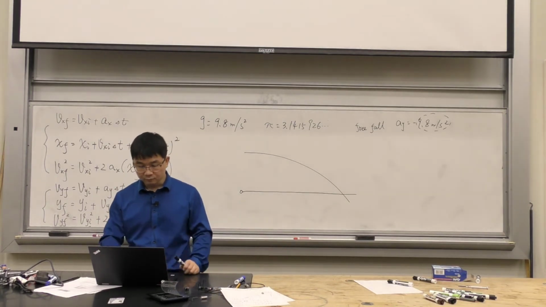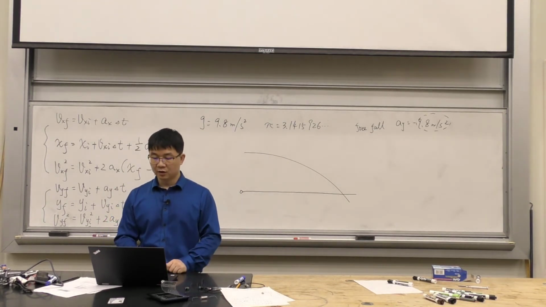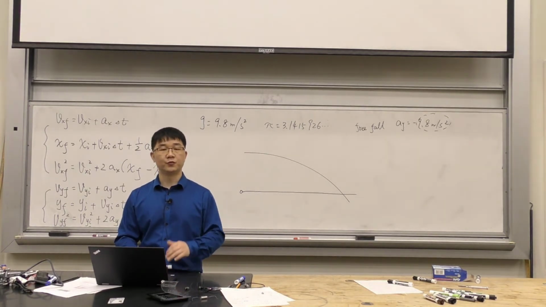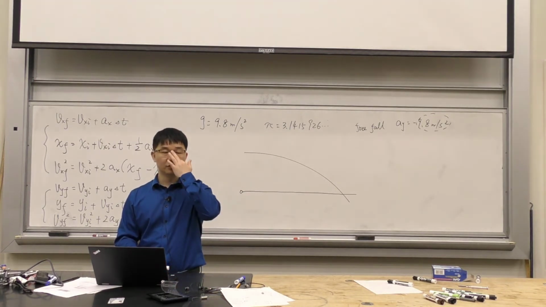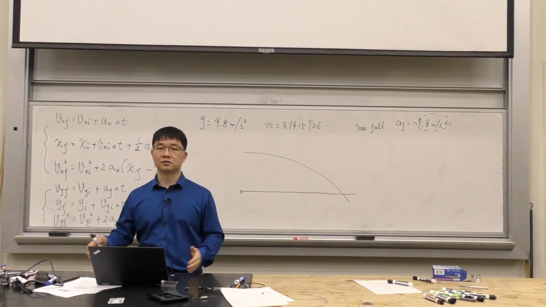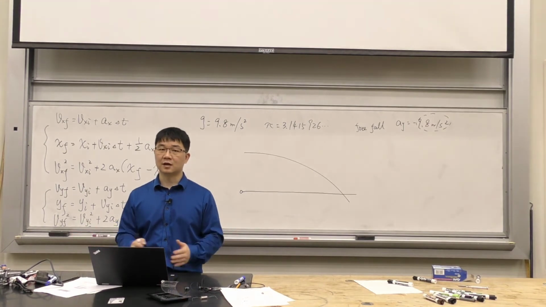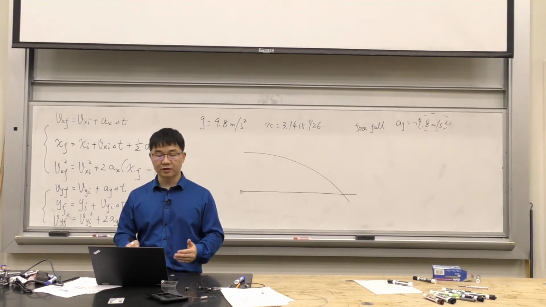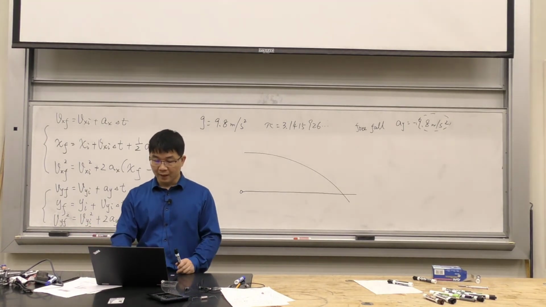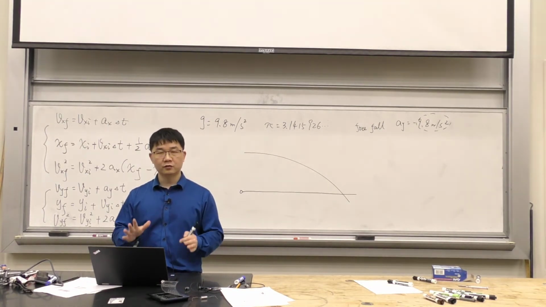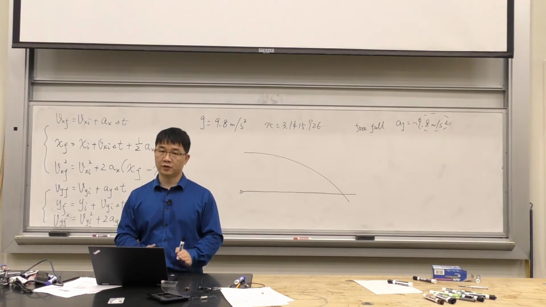Okay, so the key is this. When you study projectile motion or any two-dimensional motion, you break it into x and y components, and then you work in x and y directions independently, separately. They're totally independent from each other. In a projectile motion, we already know these two motions very well.